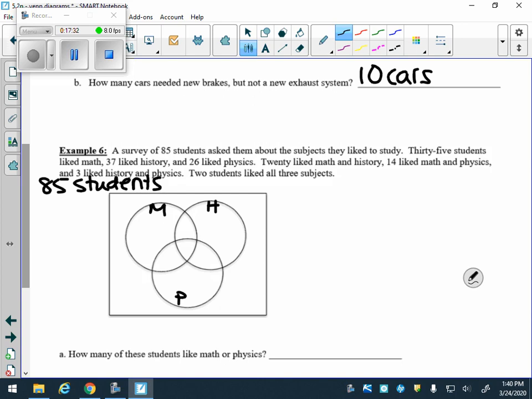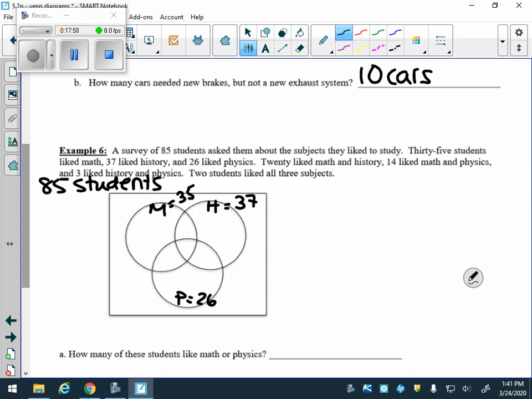So 35 students like math, so the math circle has to equal 35. The history circle has to equal 37, and the physics circle has to equal 26. So 20 liked math and history, 14 liked math and physics, and 3 liked history and physics. 2 students liked all 3.